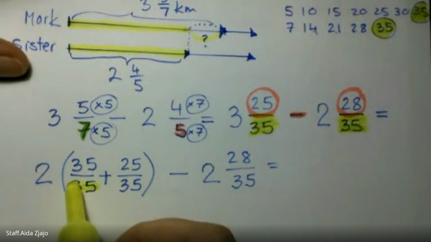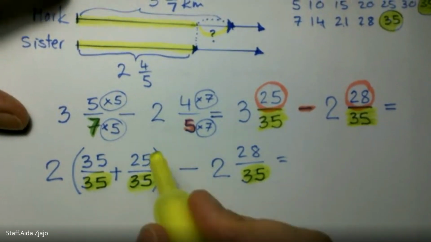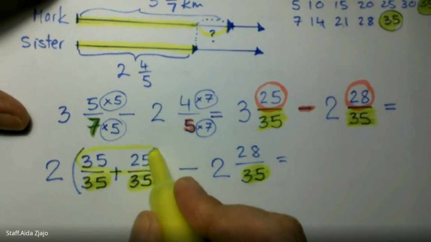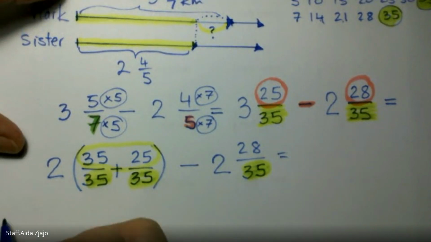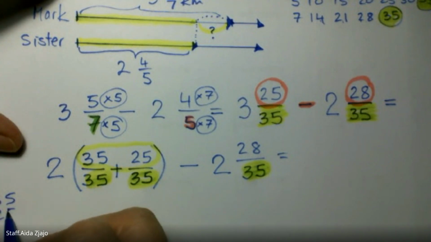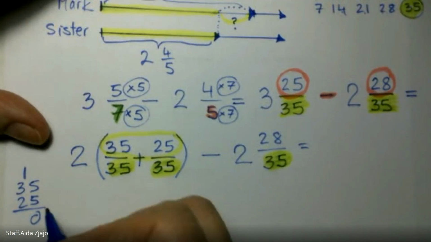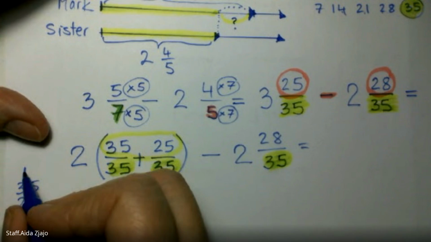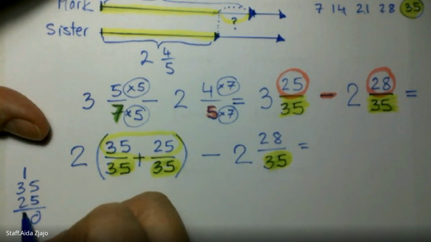So together I have 35 and 25, 35 plus 25. I can add on the side if you are not sure. 5 plus 5 is 10, remember 1. 1 plus 3 is 4, plus 2 is 6.